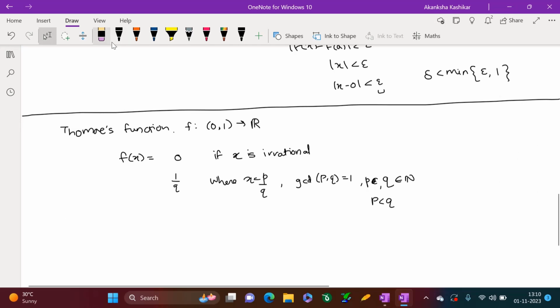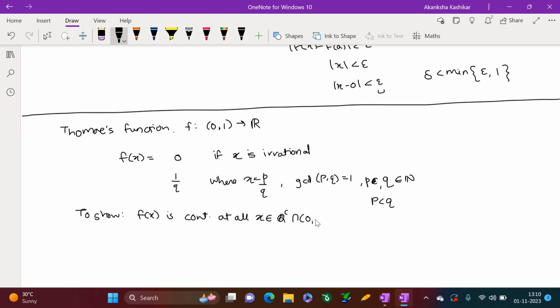And as I said, we will try to show that this is continuous at all irrationals. Okay, f(x) is continuous at all x belonging to Q complement. Of course, when I say rationals or irrationals, I mean when restricted to the domain.